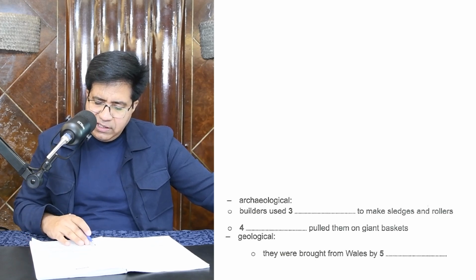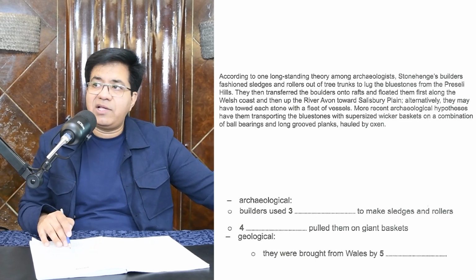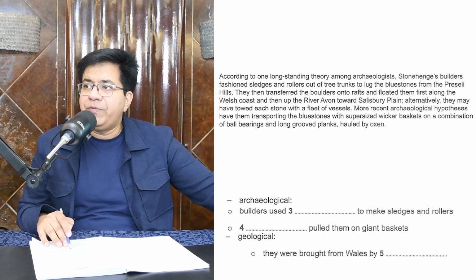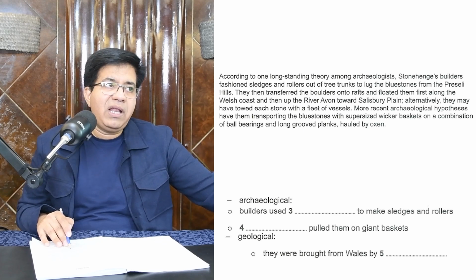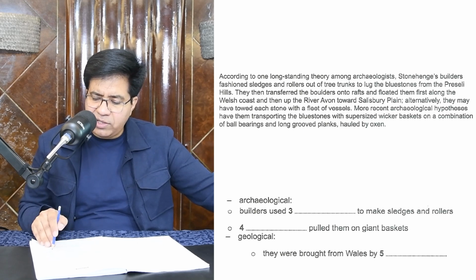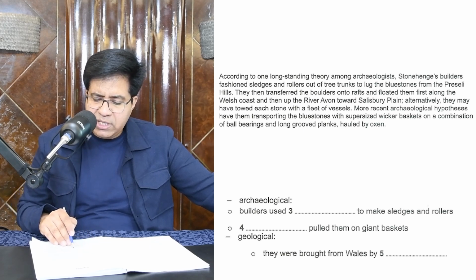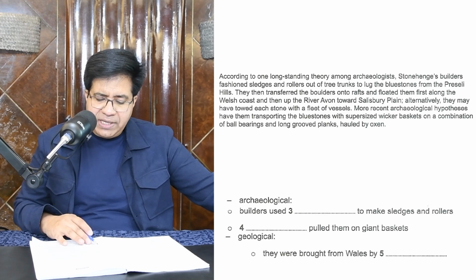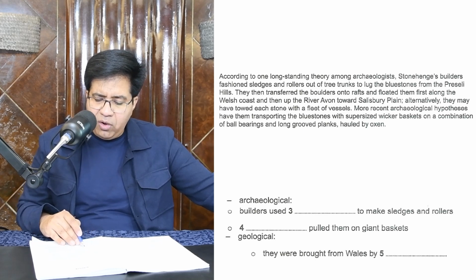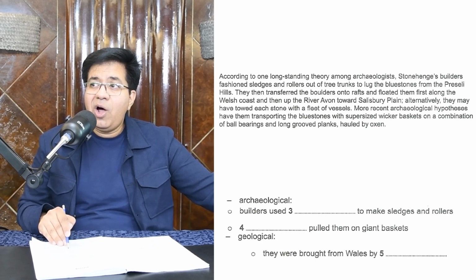Second last line, and you can see the word baskets. So we are going to read it from third last line. When you find the clue word, read that sentence from the last full stop. So it's the fourth paragraph, third last line. More recent archaeological hypotheses have them transporting the blue stones with supersized wicker baskets on a combination of ball bearings and long groove planks hauled by oxen.